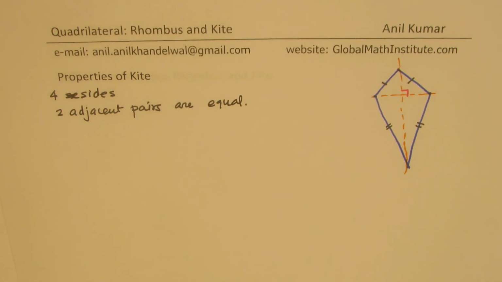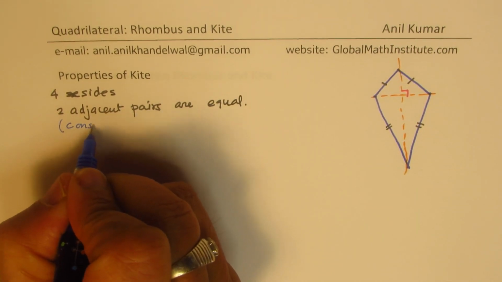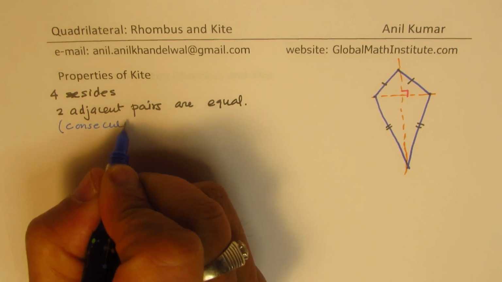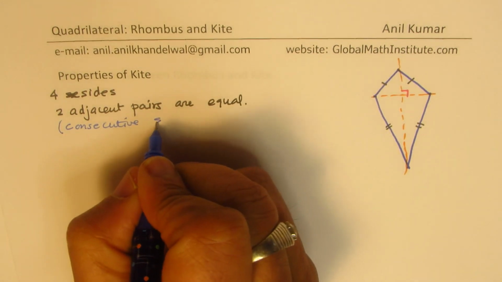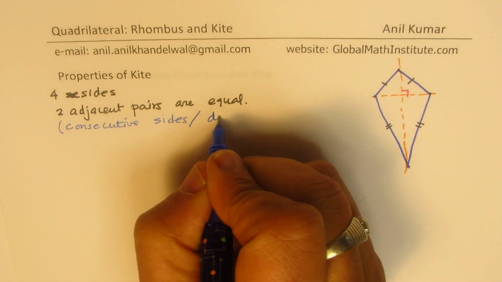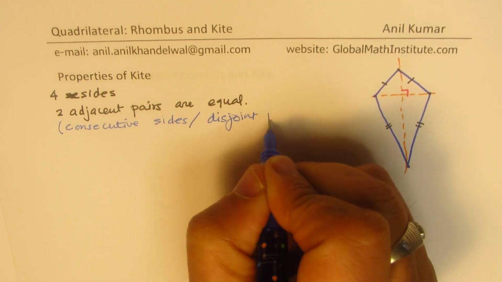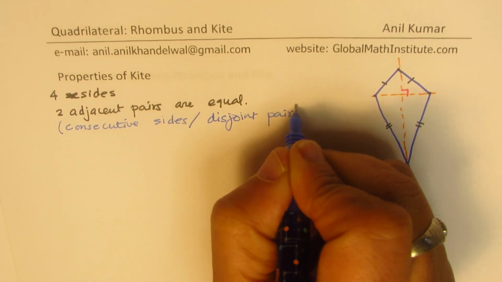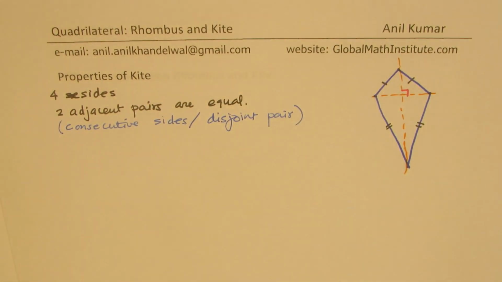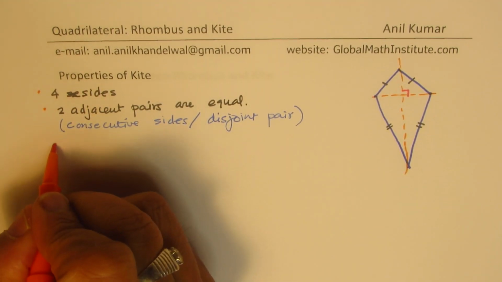When we talk about these two sides, we refer to them as consecutive sides. And we also refer to a disjoint pair. These terms are used in different parts of the world, so that's why I've included them here.